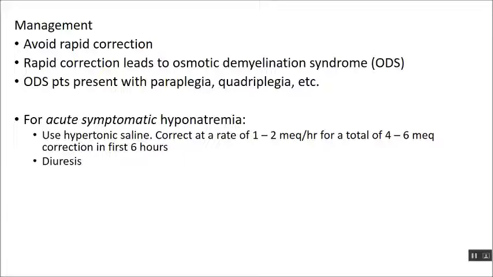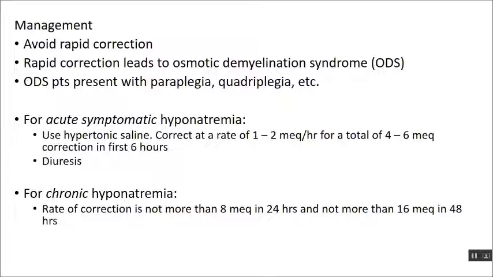Okay, moving forward. For chronic hyponatremia, where patients are not symptomatic right now, your rate of correction is not more than 8 milliequivalents in the first 24 hours and not more than 16 milliequivalents in 48 hours. These are important to remember, but the important thing is that these are upper limits of the recommendation.